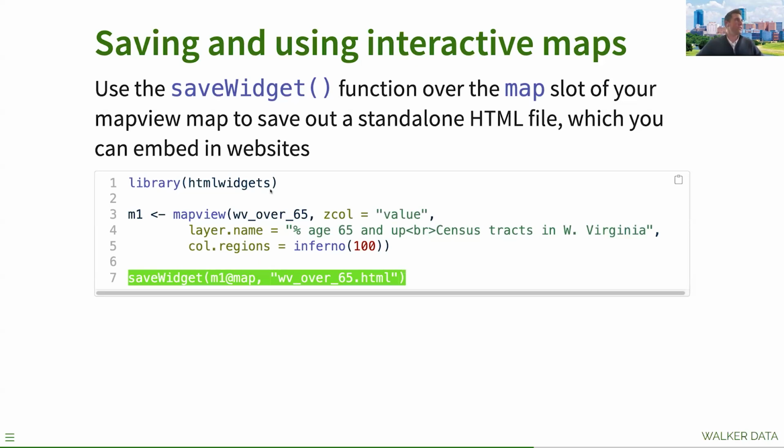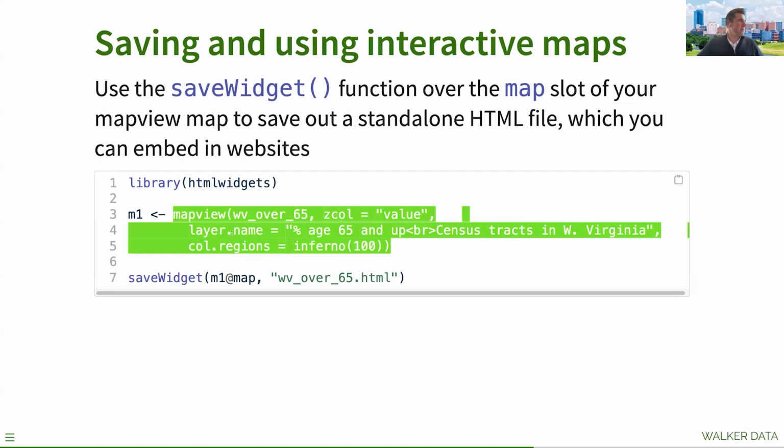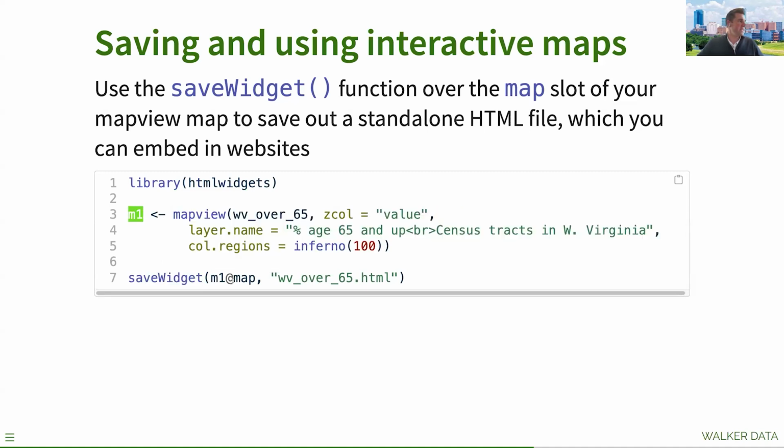So just to show you how this works, I load the HTML widgets package, which you don't need to know a ton about for today, but that's the underlying package that allows you to do interactive visualization in R. And if I use this save widget function, I assign my map to an object here, and then I save out the map to an HTML file.